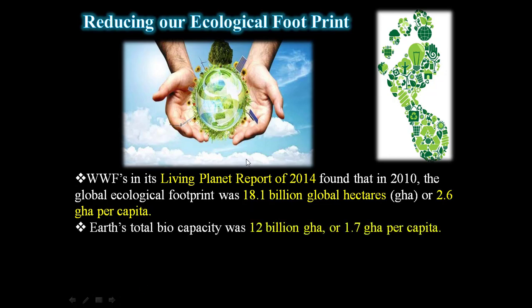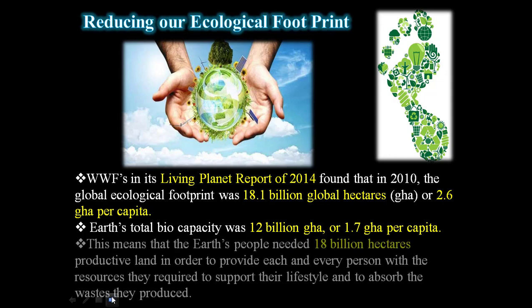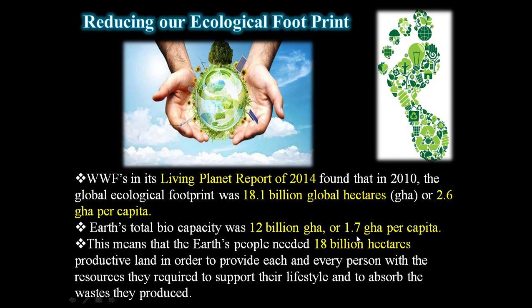Earth's total biocapacity was 12 billion global hectares, or 1.7 global hectares per capita. This means the Earth's people needed 18 billion hectares of productive land to provide each and every person with the resources they required to support their lifestyle and to absorb the wastes they produced.